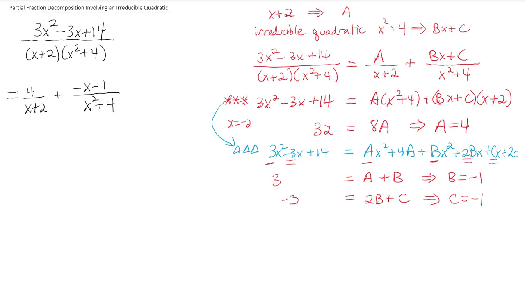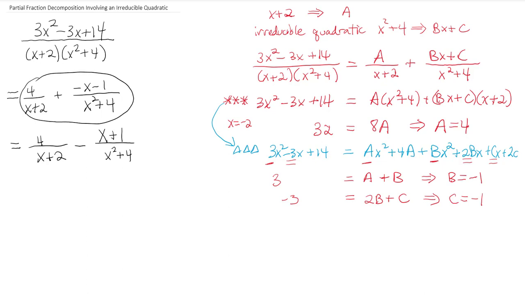You could factor out the negative 1 and write it like this as well. So either one of these is acceptable. They're both good forms for calculus. And there you go. You performed a partial fraction decomposition with an irreducible quadratic and a linear factor.